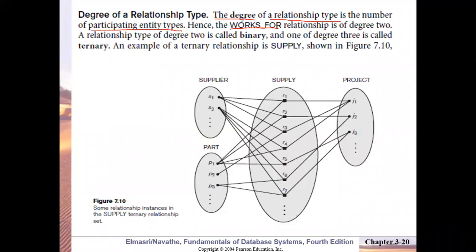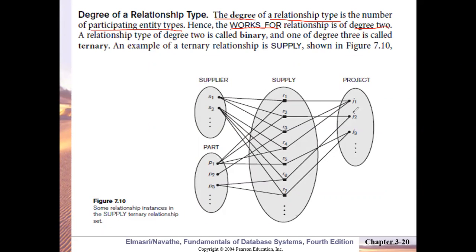And hence the works for relationship type is said to be of degree 2, or it is also called a binary relationship. Bi indicates the value 2. Similarly, sometimes there could be more than 2 entity types participating in a relationship. For example, here, supplier supplies parts to the project.